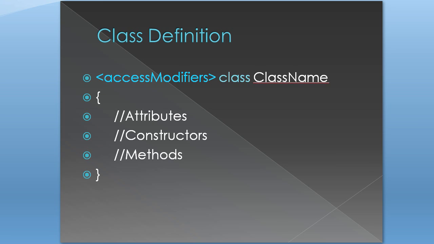So there's a class definition or declaration. Access modifiers, that's an optional part. And then we have a class, followed by the class name, and this is user defined. You can say anything you want there, like your game name.